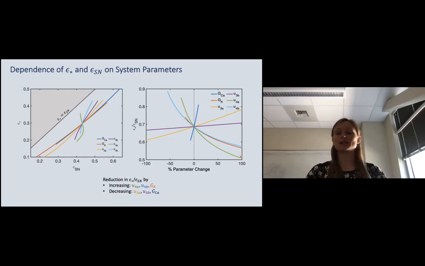Again, lower values are better, higher values are worse in our case, and so that U4A seems to be doing the best. This analysis also tells us how we can reduce this ratio by increasing and decreasing these different parameters. All right, but I'm going to come back to interpret this physiologically at the end.